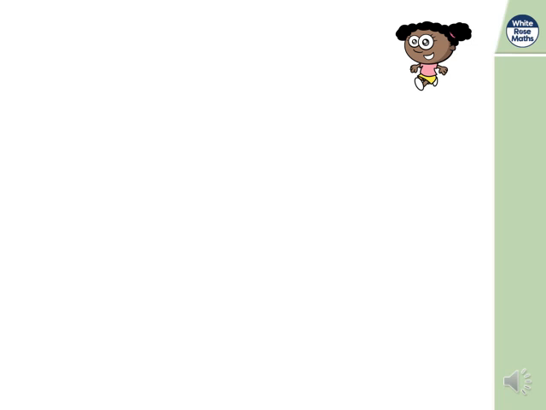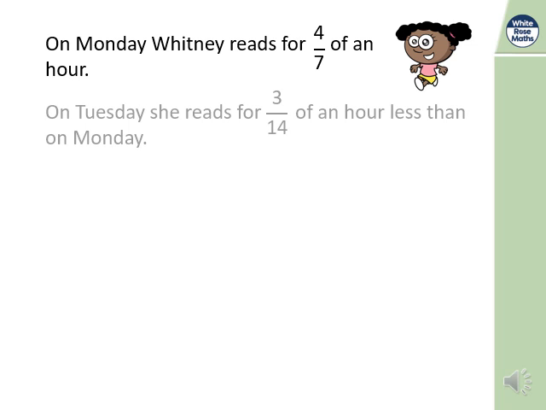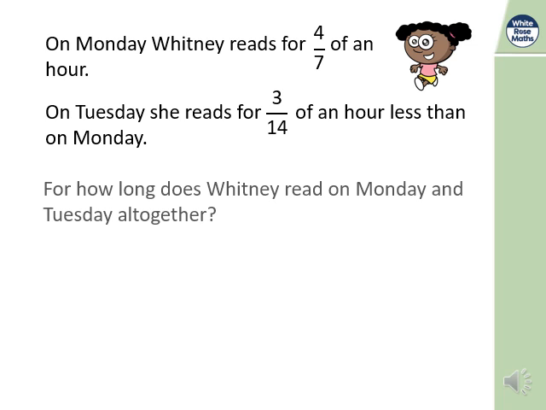Let's have a look at this question together. On Monday, Whitney reads for 4/7 of an hour. On Tuesday, she reads for 3/14 of an hour less than on Monday. For how long does Whitney read on Monday and Tuesday all together?